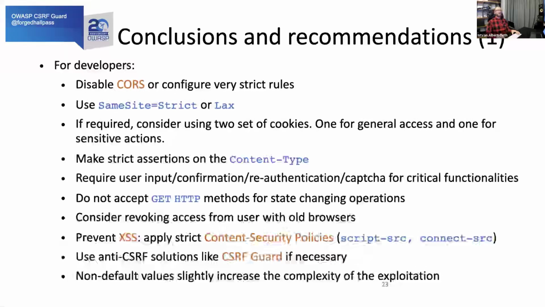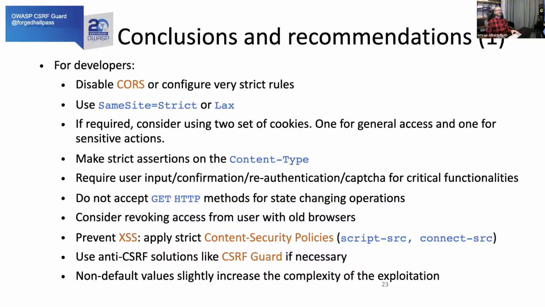Yeah, so for developers, it is recommended to disable CORS or to configure very strict rules. For cookies, use SameSite strict or lax. If required, consider using two sets of cookies, one for general access and one for sensitive actions. I believe this is how Amazon does it lately.